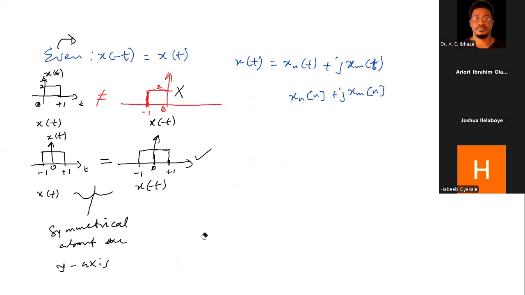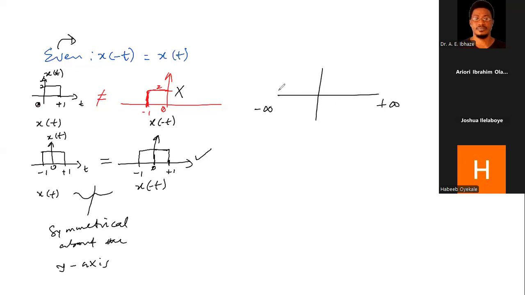Now, you see that a signal, this is negative infinity, this is positive infinity. A signal at this point is not the same as a signal at this point.